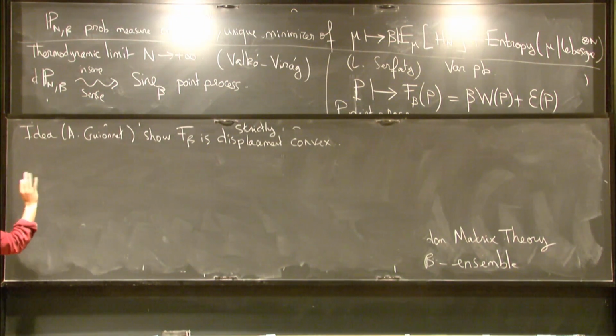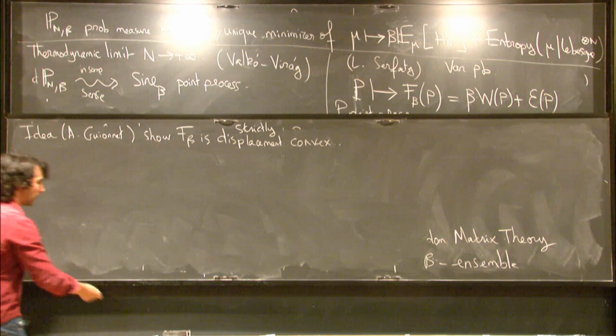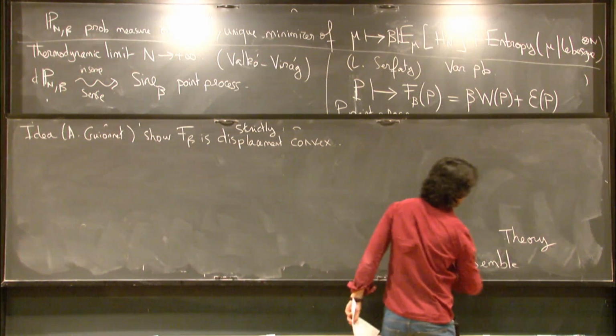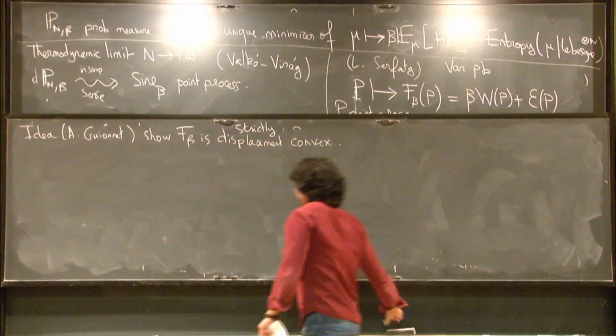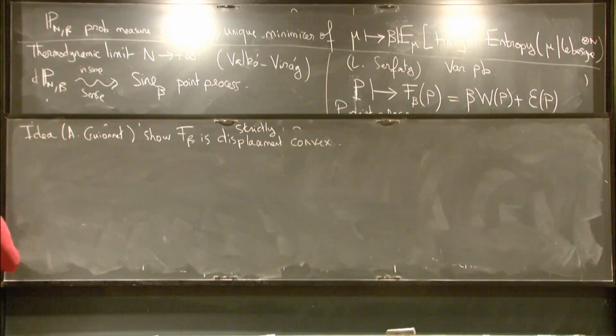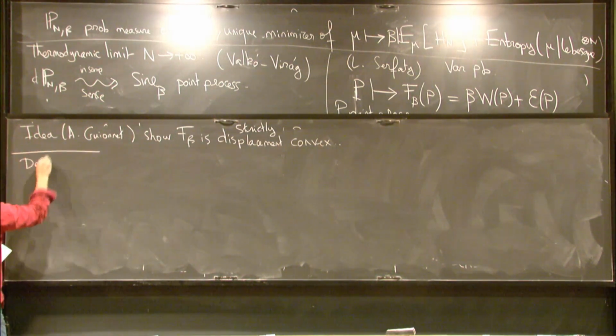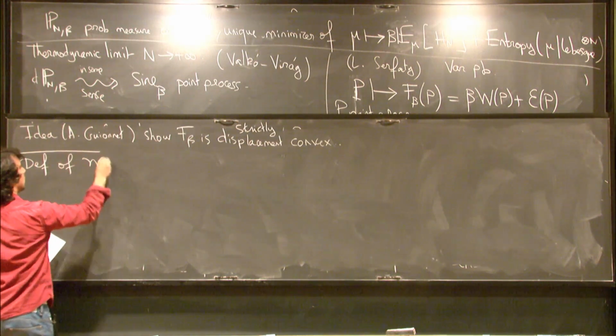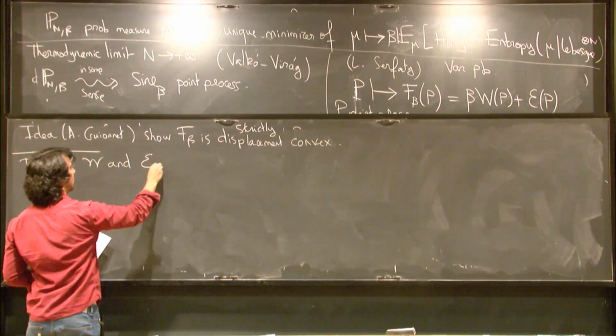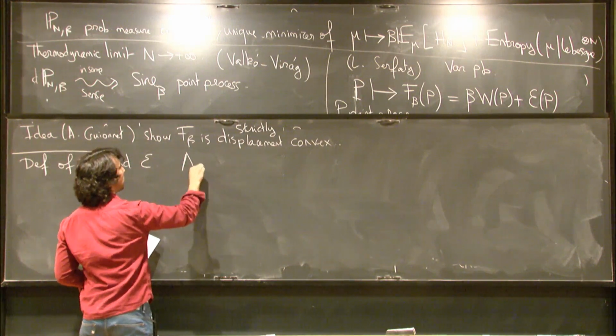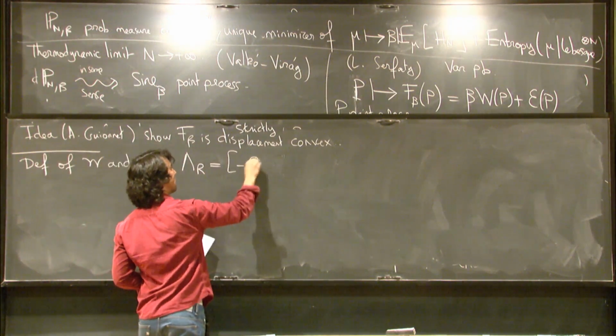I'm going to focus on the energy term because that's where the convexity comes from. So how do you define them? So, definition of W and E. I will work in big boxes.